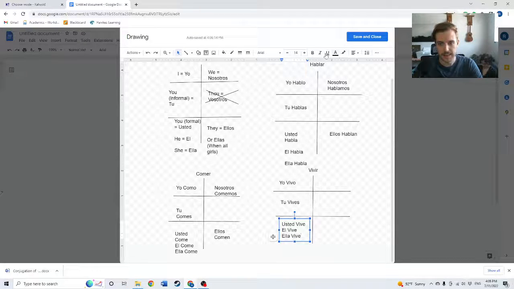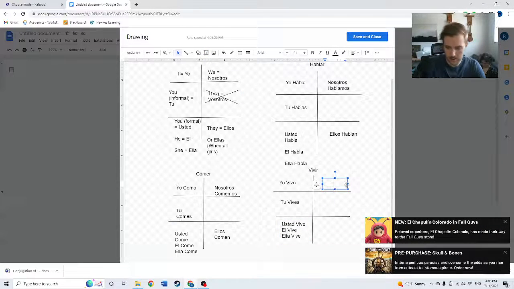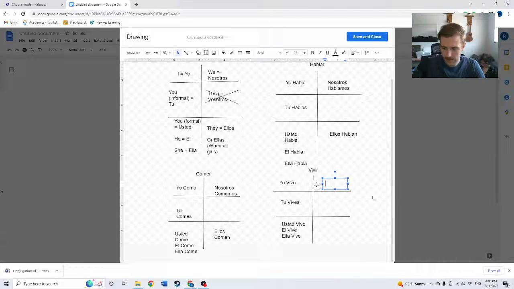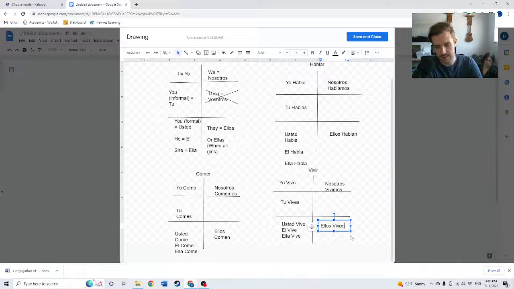And then right here we have nosotros vivimos. We have ellos viven. So in vivimos, it would still keep the IMOS. So that's a special situation.